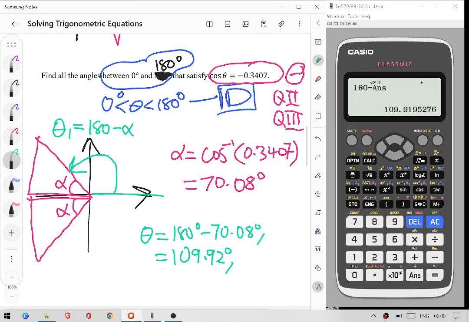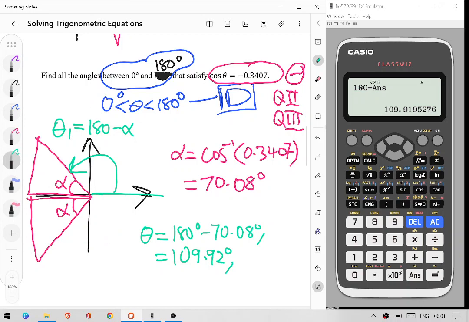Now we are looking for our second one. How do we get the second one? Can we go like this? Cannot. As you can see, the maximum allowed is 180. It is not even equal to 180. It must be less than 180 because there is no equal sign. How about going downwards like this? Also cannot, because the least value must be more than 0, so no negative angle.